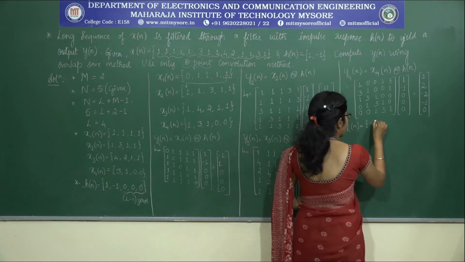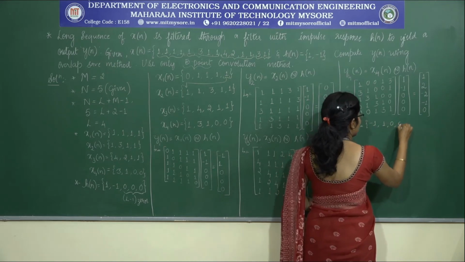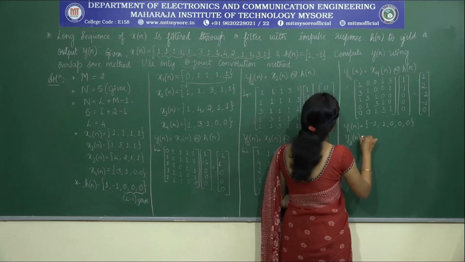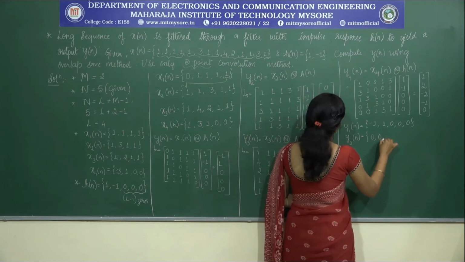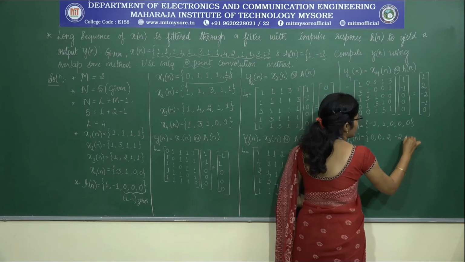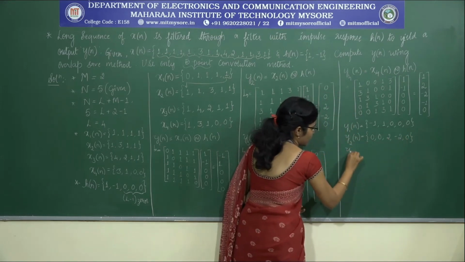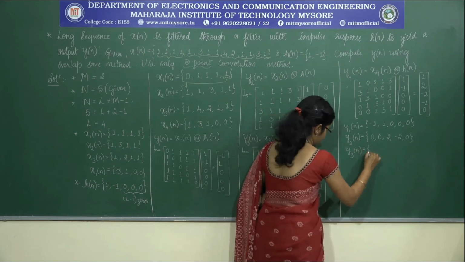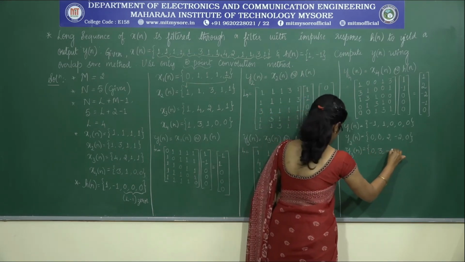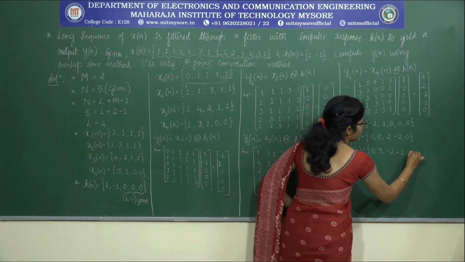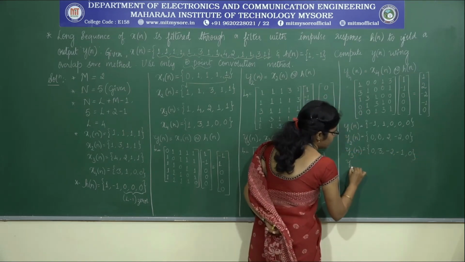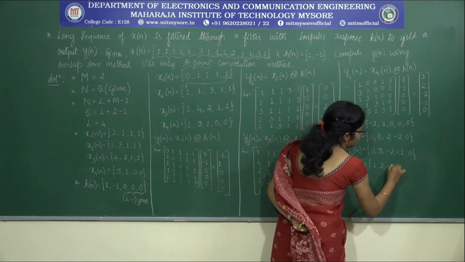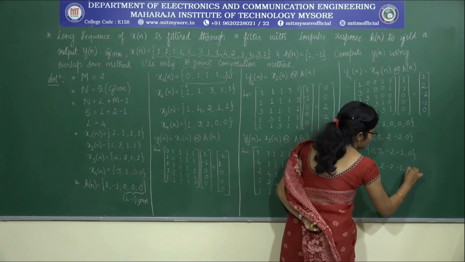It is minus 1, 1, 0, 0 and 0. y2 of n which is equal to 0, 0, 2, minus 2 and 0. y3 of n which is equal to 0, 3, minus 2, minus 1 and 0. And finally y4 of n is nothing but equal to 1, 2, minus 2, minus 1 and 0.